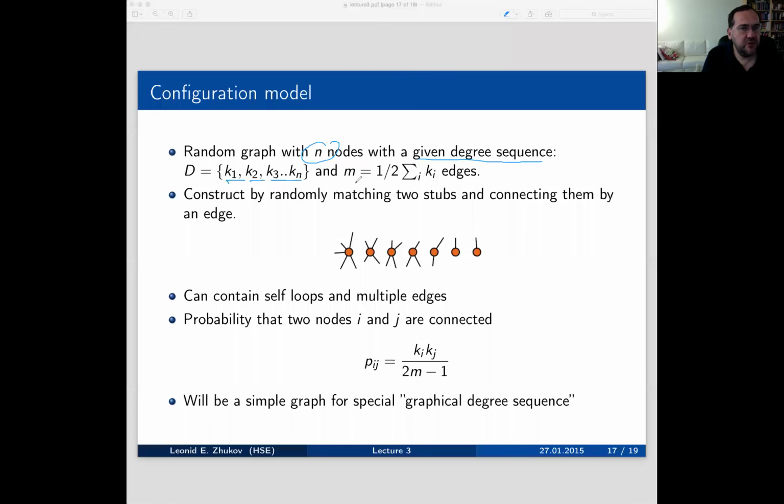If we do so, we also implicitly assign the number of edges, simply because, you remember, the number of edges is related to the total node degree, the sum of all node degrees in the graph.